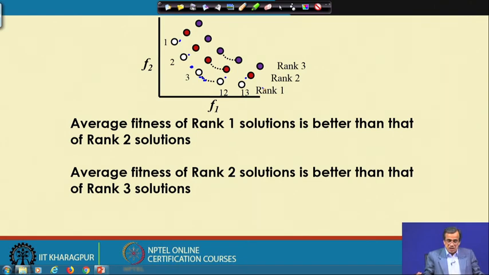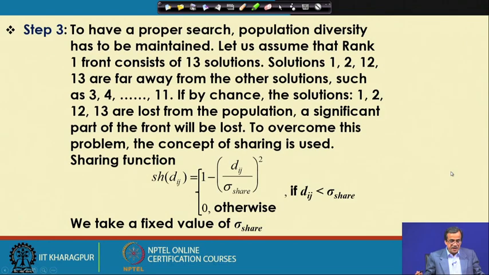Now, how to ensure that all the solutions are there in this particular Pareto optimal front, and the stretch of the Pareto optimal front will be maintained? To see how to maintain this diversity, we take the help of this step 3.